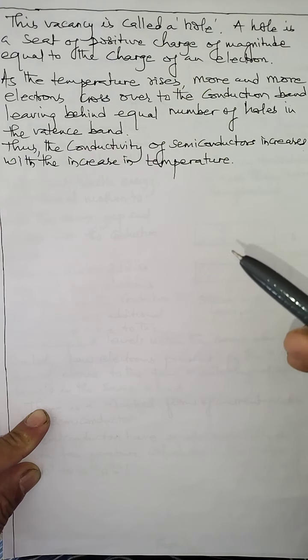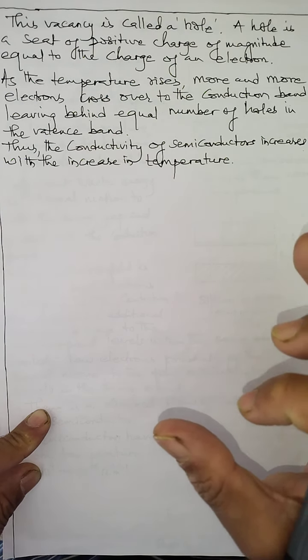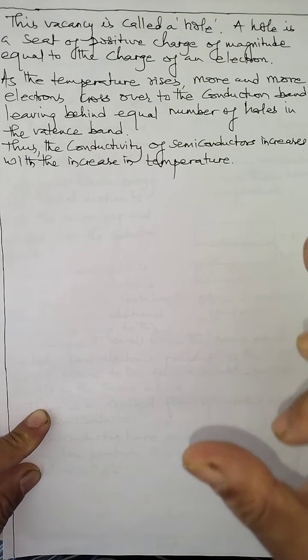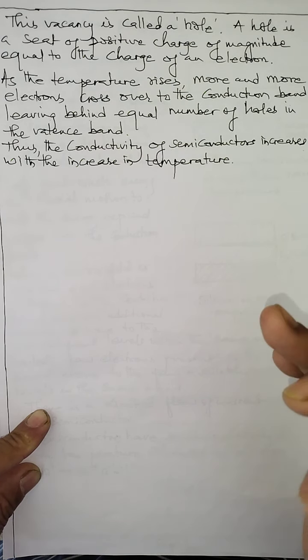When they move, the movement of these electrons in the conduction band and holes in the valence band conducts electricity. That means they conduct current. So what are the charge carriers present in the semiconductor? Electrons as well as what? Holes. Now this is the basic of the semiconductor, where the current flow takes place due to two charge carriers, one called electron as well as hole.